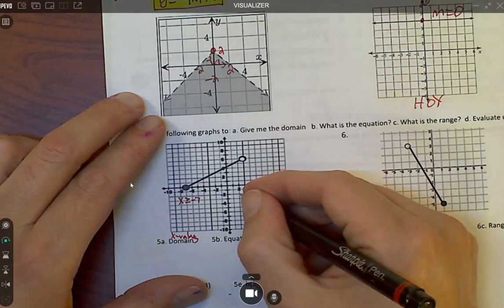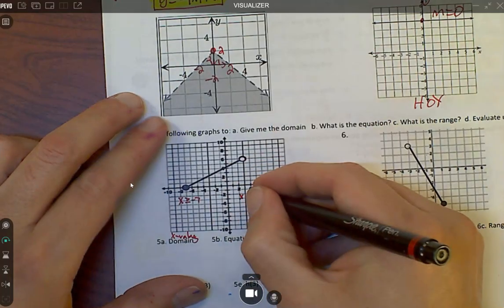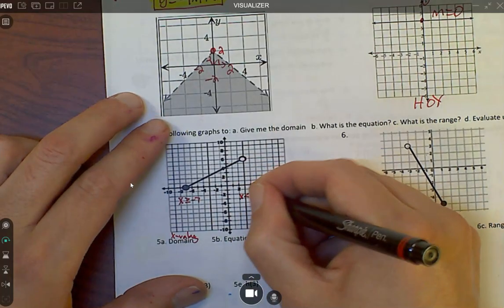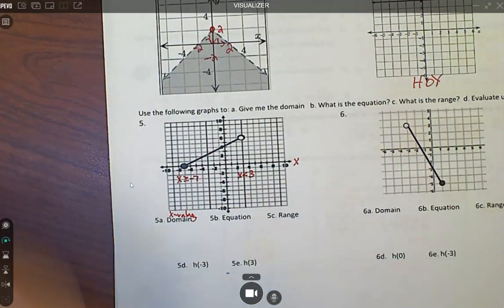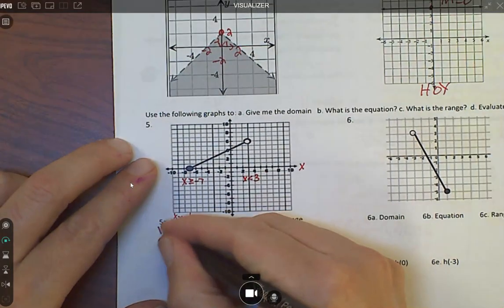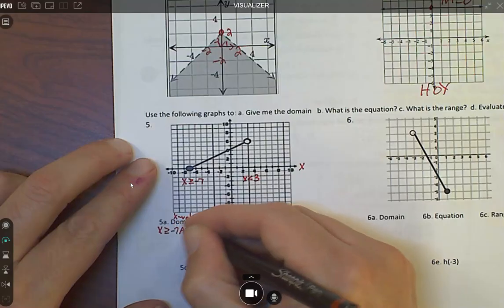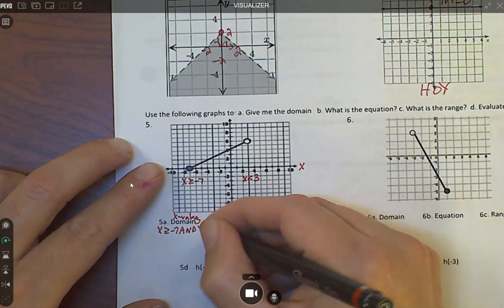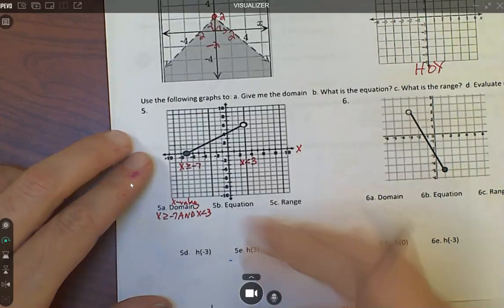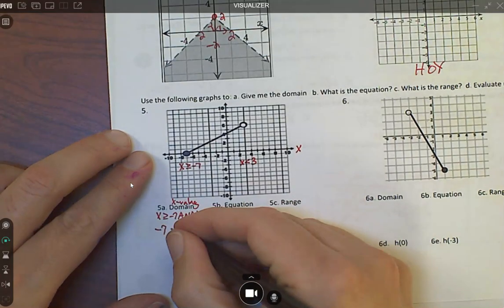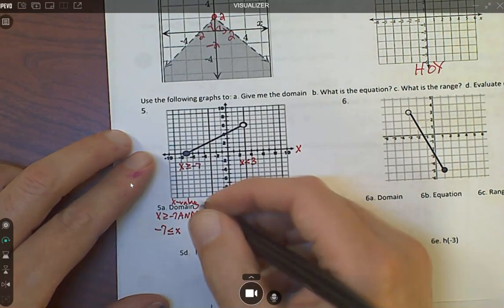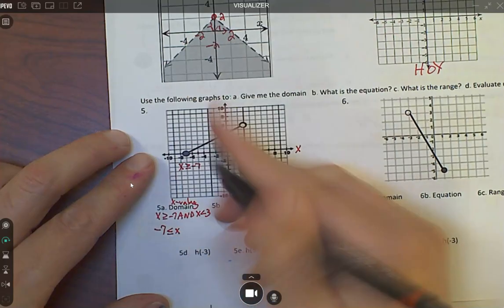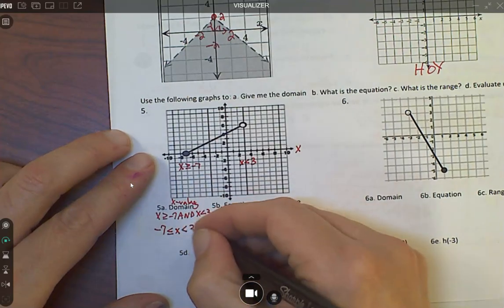And this one is x is less than 3. If they meet in the middle, you could say x is greater than negative 7 and x is less than 3. Or you can write it as an interval, which is the way I write it. We need the x's to be bigger than negative 7 but less than 3.